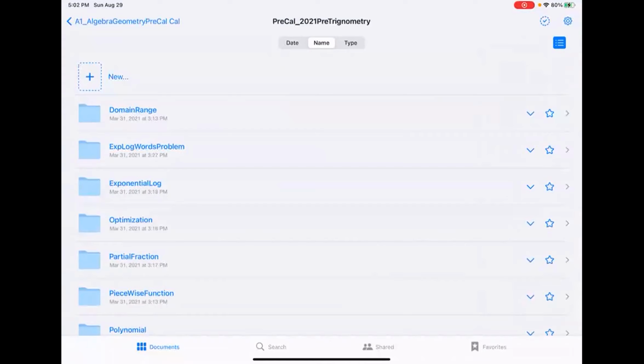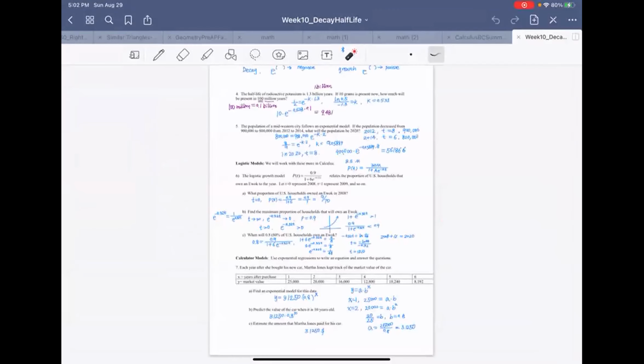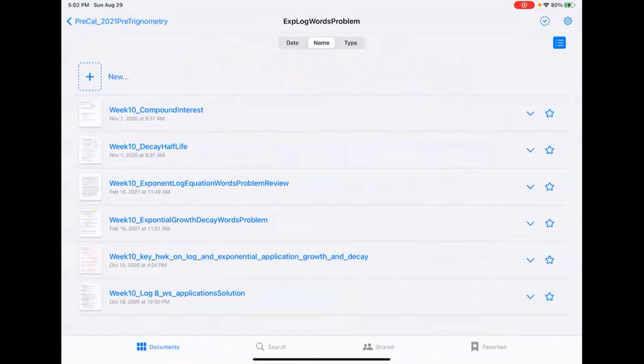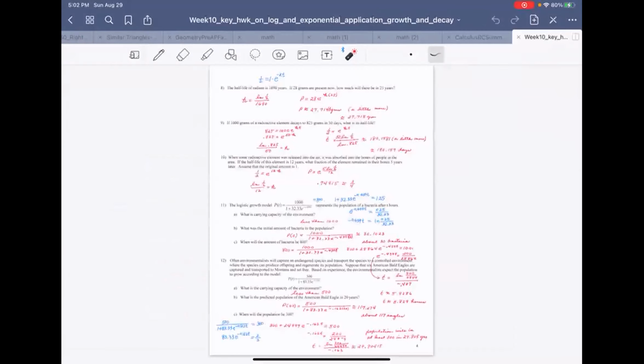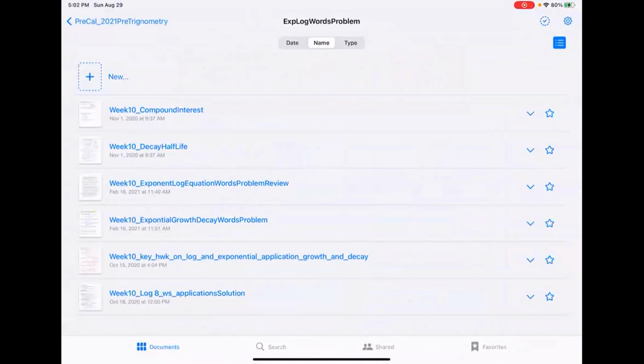Then they review everything you learned, like exponentials and logarithms, decays, those things that you learned in Algebra 2 Honors or Algebra 2 Pre-AP.